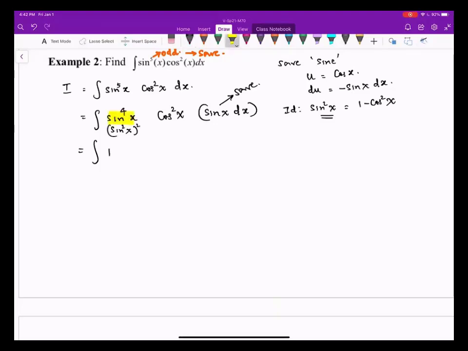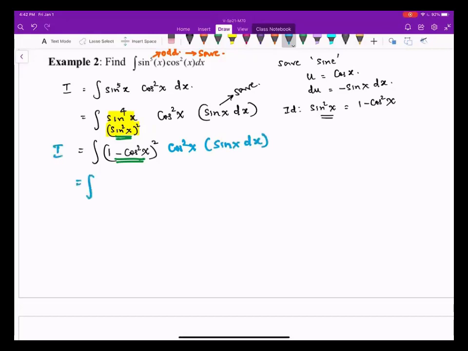So you write that as 1 minus cosine square in the place of sine square, the whole square. Leave the cosine square as cosine square, then leave the sine x dx as is for now.